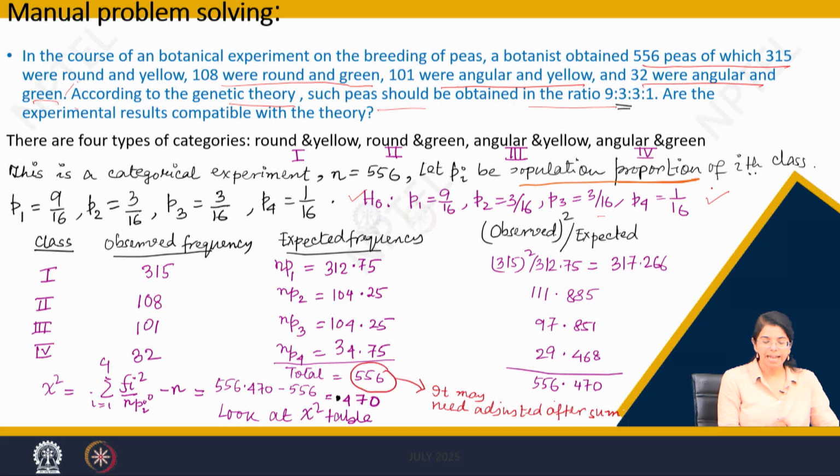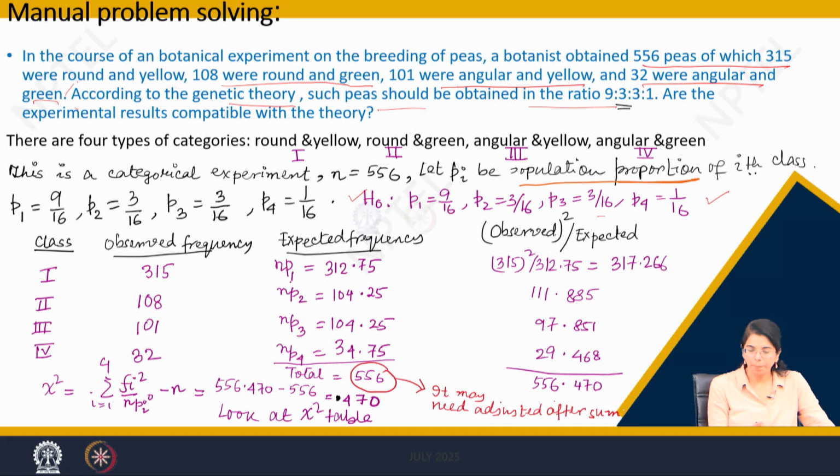Now we will make that frequency distribution table. Here you can see class 1, 2, 3, 4, 4 classes. Observed frequencies are given as 315, 108, 101, and 32. And expected frequency, already you know the formula. It is NP1, NP2, NP3, and NP4.